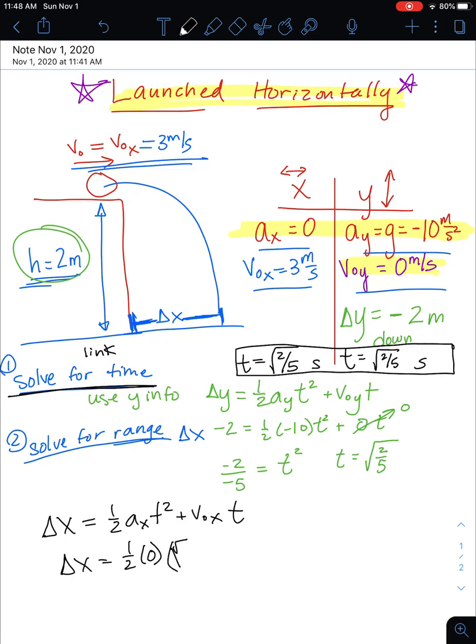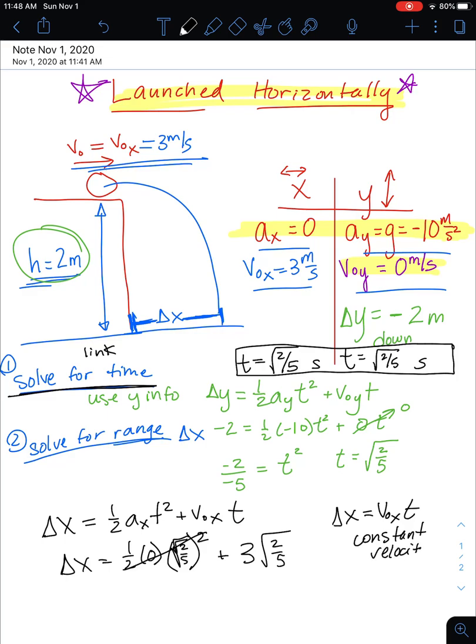And so even though I know the time squared, that whole piece is going to turn out to 0. Really, because it's at a constant velocity in that x direction, this delta x equation is always going to simplify to delta x is equal to the x velocity times the time, because this is our constant velocity equation.